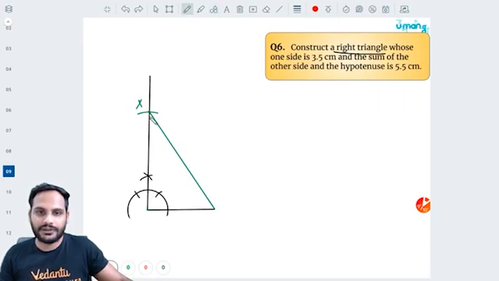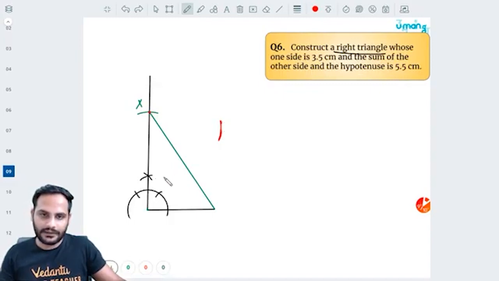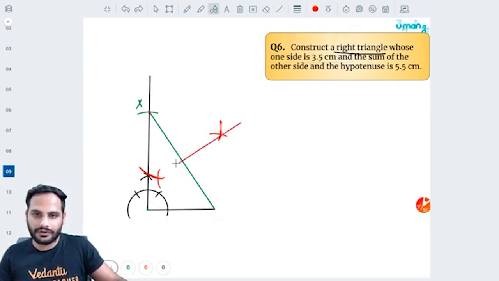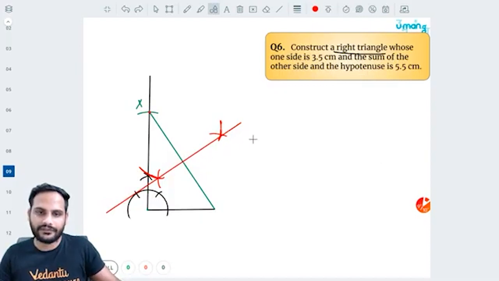So what you'll do, first thing, keep the tip of the compass over here, more than half you need to open, one cut over here and then another cut over here, then keep the tip of the compass over here, one cut over here, another cut over here. So draw the line passing through it. Okay, so suppose this is how the perpendicular bisector will look.